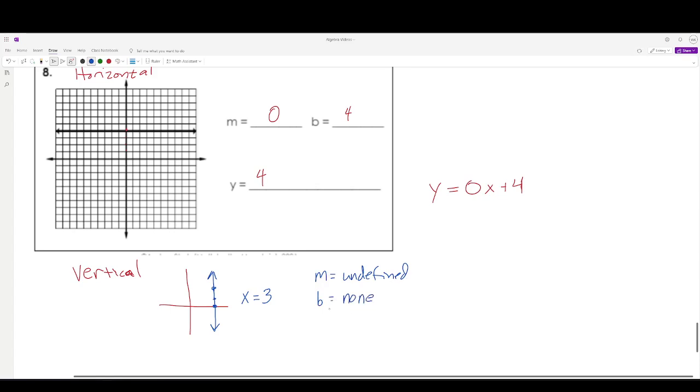So there is not a y-intercept unless the vertical line were on the y-axis, in which case the y-intercept would be all real numbers because it's everything. But here there is no b, and then the equation would be x equals 3. So we can still answer these two questions, what is m and what is b, for a vertical line. It's just different because we put undefined and none rather than numeric values.